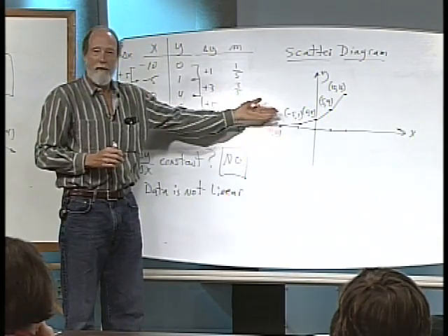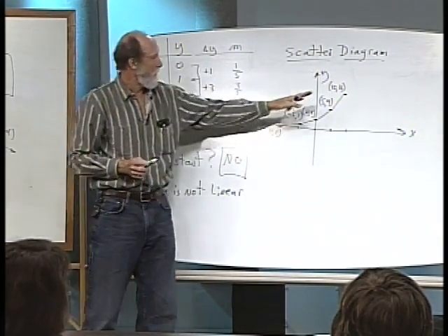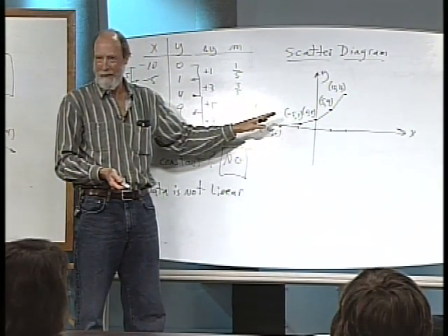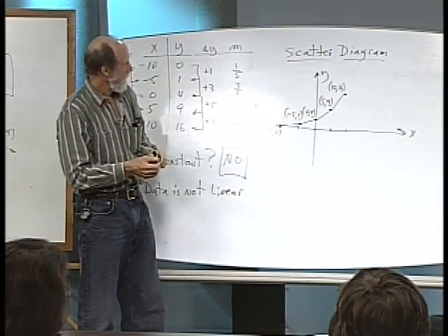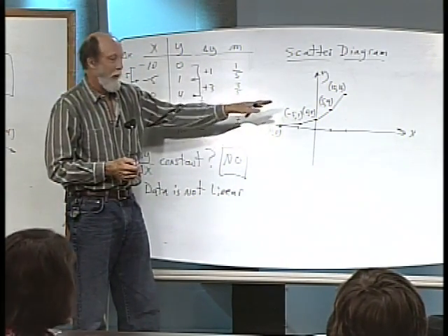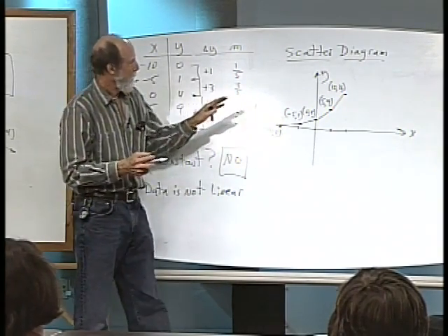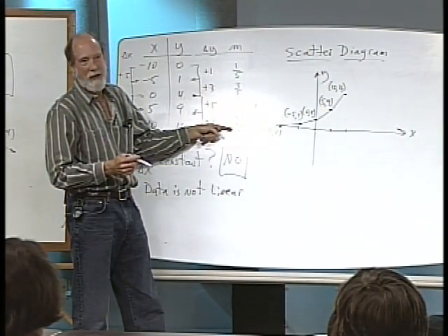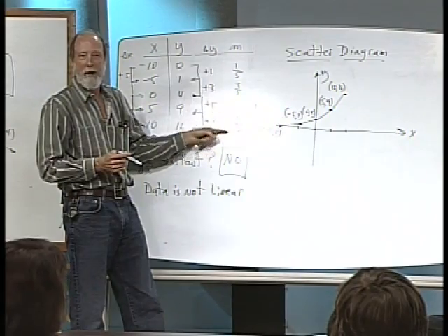Real world stuff does this. But you might take a trend like this and say, oh, I want the straight line of best fit. One way of doing it would be to take all of these values, which would be kind of a pain, and average these slopes together.